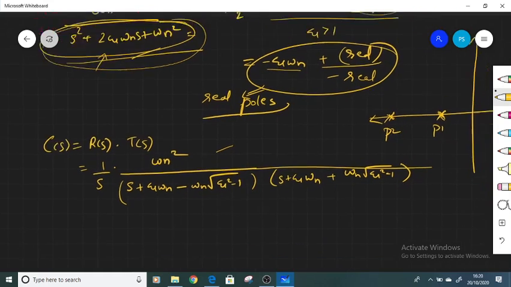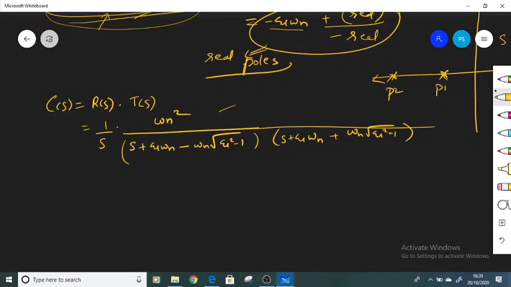Again, if you want to find the time response, you will have to take the inverse Laplace transform of this complete function. To find the inverse Laplace, this has to be split in partial fractions.